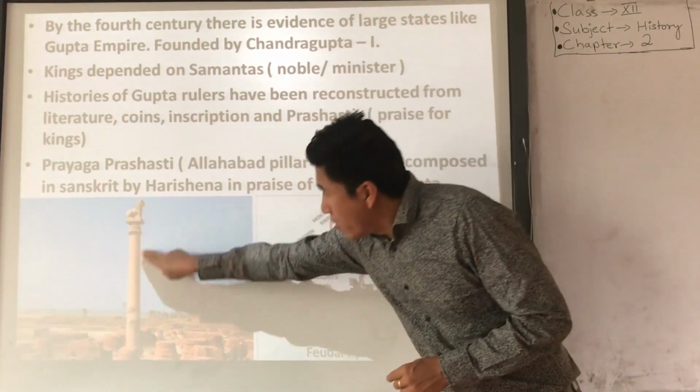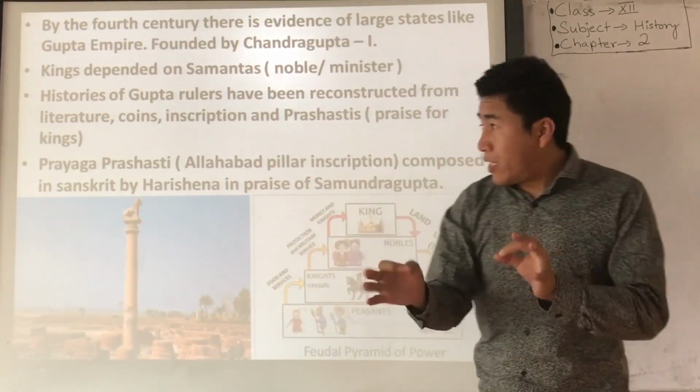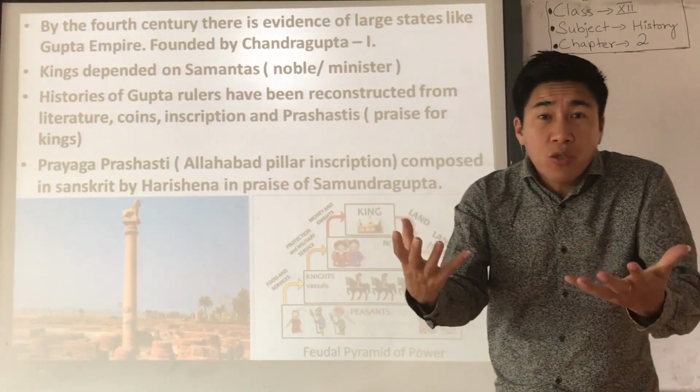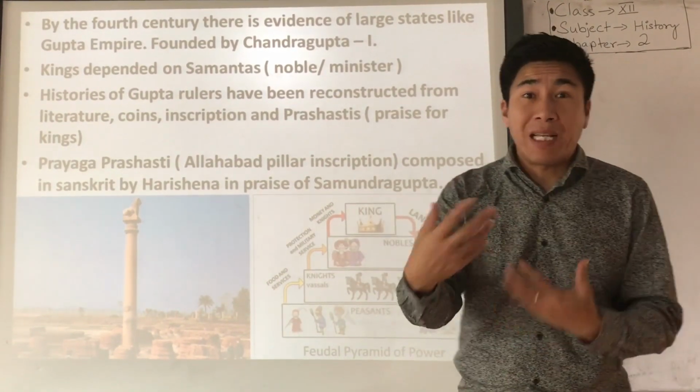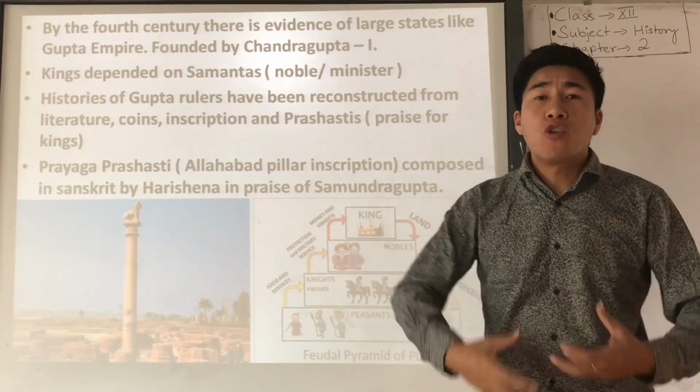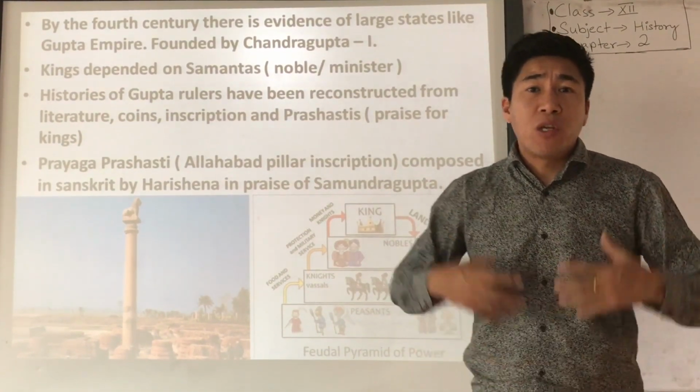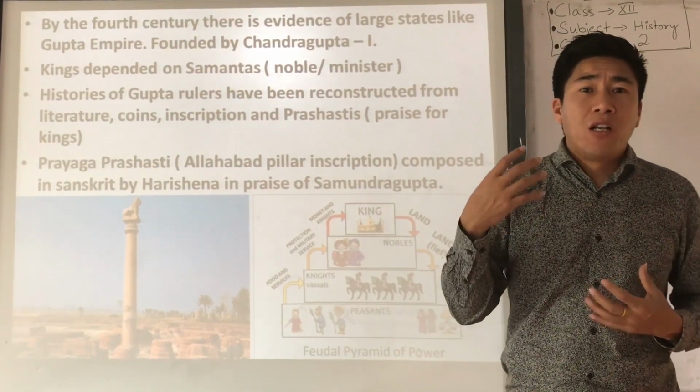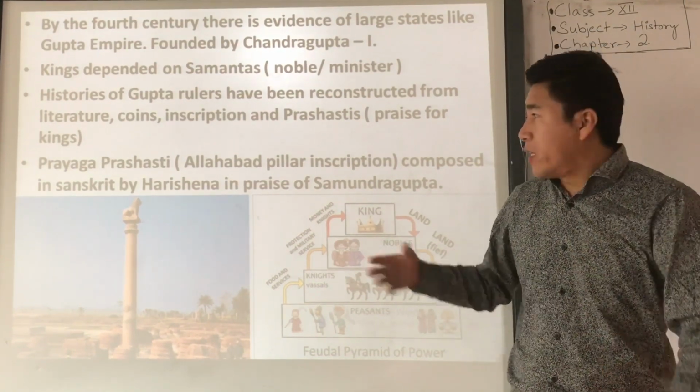In this pillar, Harisena praised Samudragupta like this: Samudragupta is the most powerful king in the world. He is really brave, and he loves his citizens.